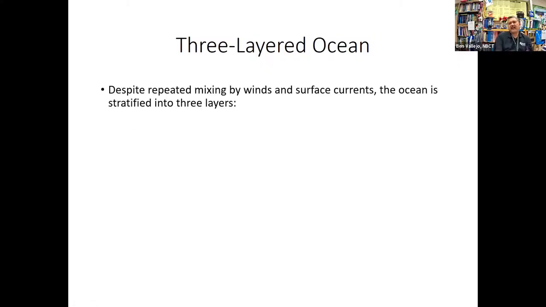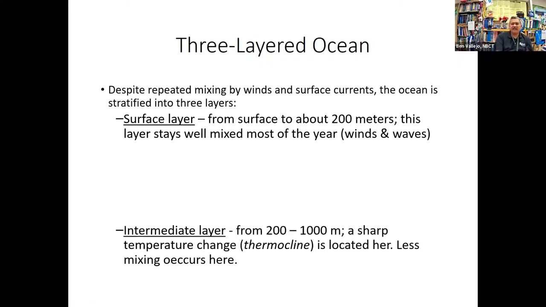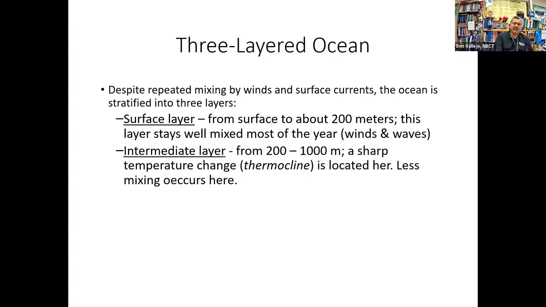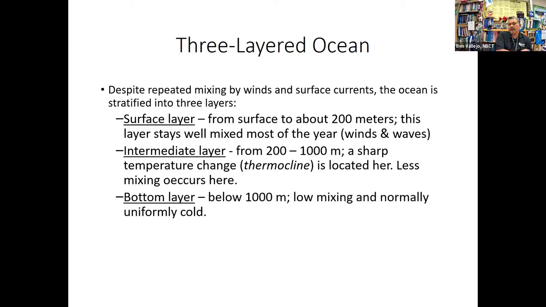All righty, there are 3 layers of the ocean as you go down. There's the surface layer and the intermediate layer, and then there's the deep water and the bottom layer. The numbers now are 200 and 1,000. So the surface is 0 to 200. The intermediate layer is 200 to 1,000, and then the bottom layer is just below 1,000.